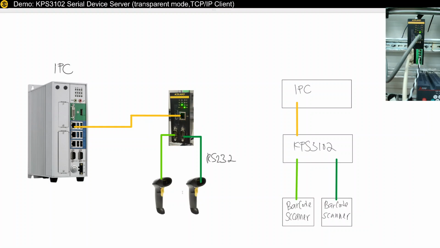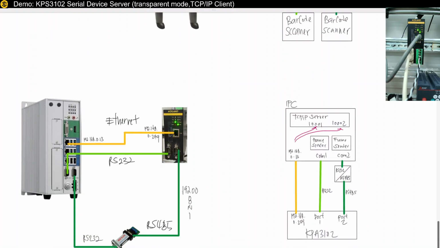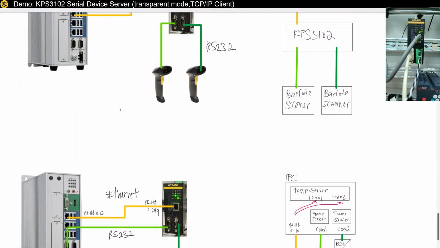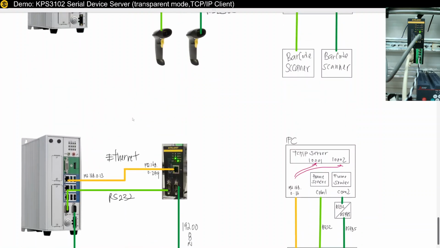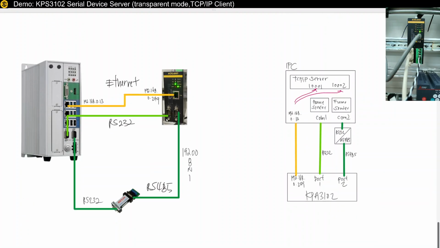So the strategy for this demo is, instead of having two serial barcode scanners, I'm going to loop back to my IPC serial communication ports, which are COM port 1 and COM port 2. Because I lack material, I will be using RS485 for port number 2, but here it is RS232 because there's a converter.